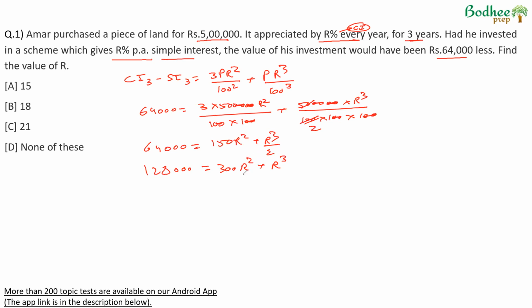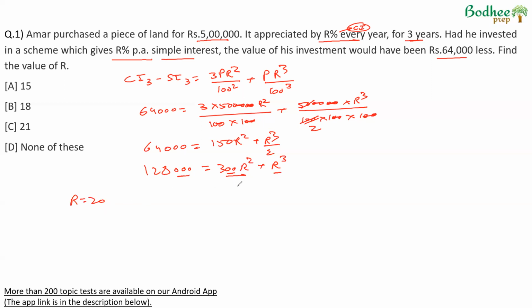Now what we have to do is see clearly the last unit digits here are 000. Here also the last two digits will be 0. And therefore here also the last digits have to be 0. So I'm just checking with R equal to 20 because I want the last digit to be 0.